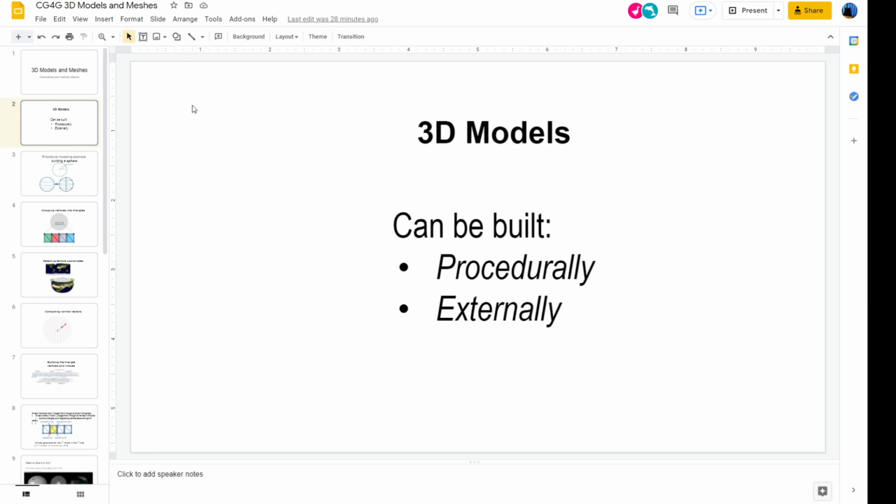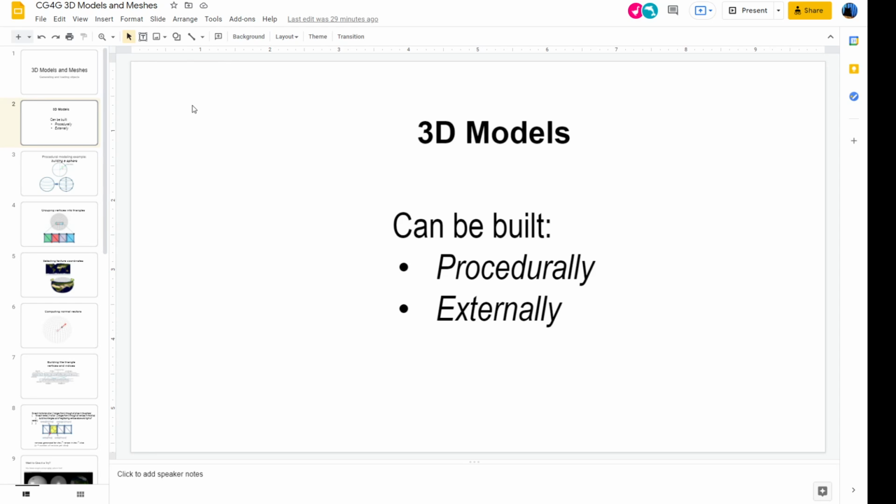So, 3D models. They can be built procedurally. Geometrically, we know what primitives look like. We know how to form platonic solids. You want a 20-sided die? You'd be surprised how many people decide to make every die that Dungeons & Dragons uses as part of their projects. Lots and lots of great equations out there for that.